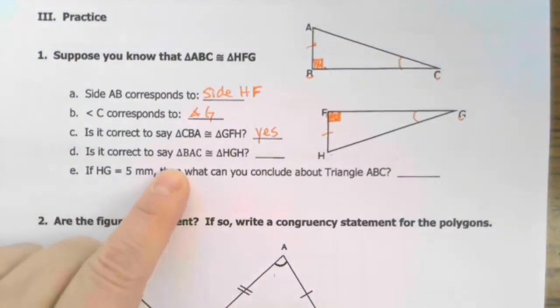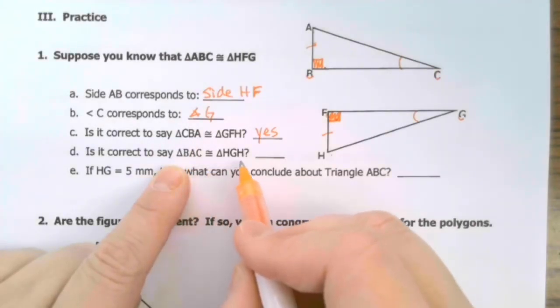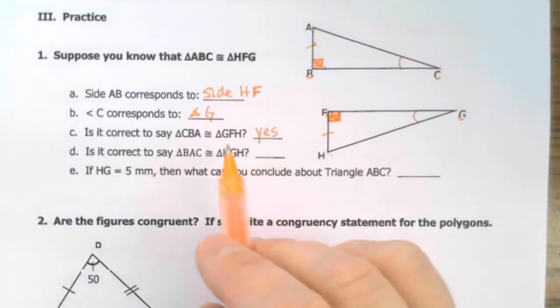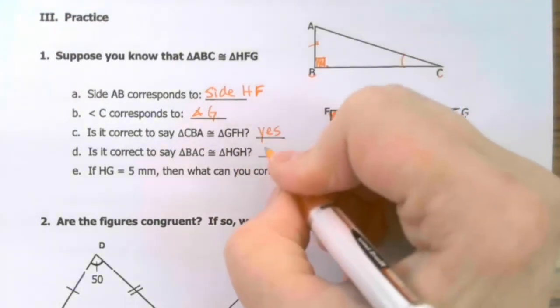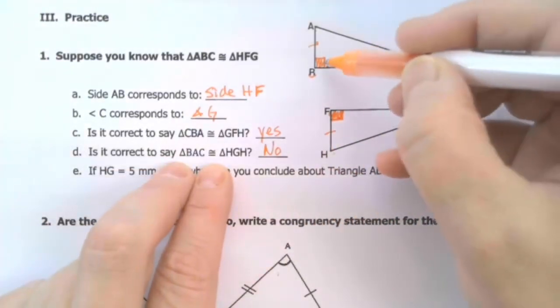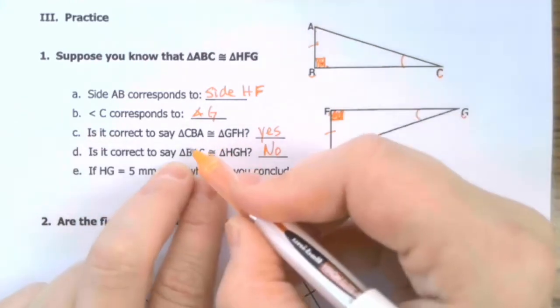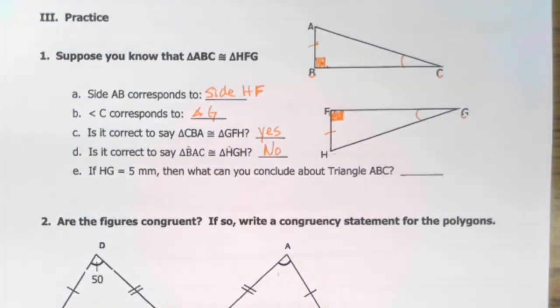Is it correct to say triangle BAC is congruent to triangle HGH? Your first hint that something is wrong is that there are two H's in there, so right away you know it's a no. But if that wasn't the case, you'd match up letter by letter. B is a right angle, H is not. So the very first letter we have an issue with. So no, you can't say that. That's not correct.